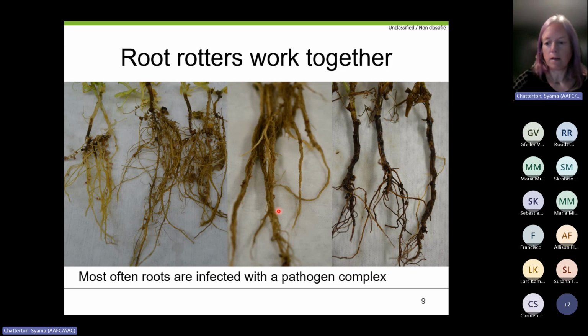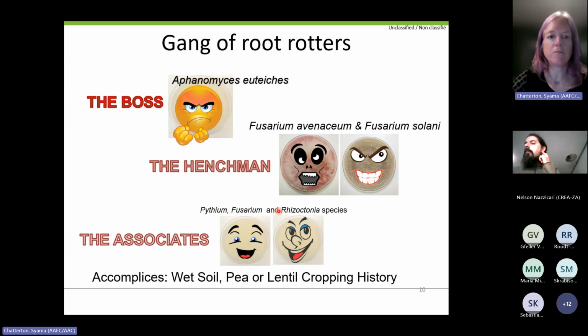You're seeing this mess of symptoms that's really hard to figure out what's going on. So we had done quite extensive culturing work and identification work, and came up with this list of what I call my gang of root rotters, with the boss of the gang being Aphanomyces euteiches. It usually comes on first. It causes the most damage, but often alongside Aphanomyces, we find a number of different Fusarium species, and I call these the henchmen because they can go out and do damage on their own. They don't need Aphanomyces to help them along.